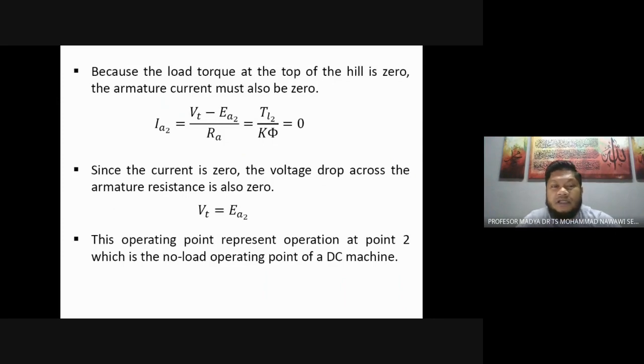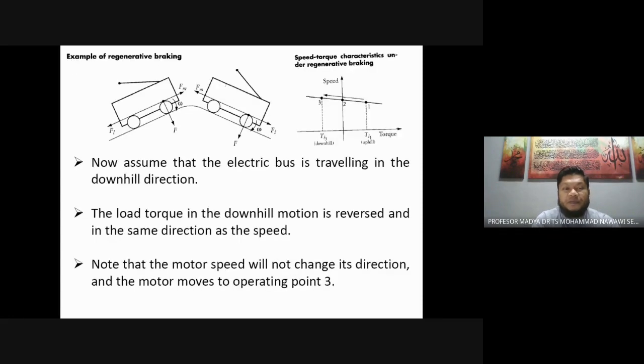Because the load torque at the top of the hill is 0, the armature current must also be 0. So TL over K flux equals 0. Since the current is 0, the voltage drop across the armature resistance is also 0, and therefore Vt equals Ea. This represents operating point 2, which is the no load operating point of this machine.